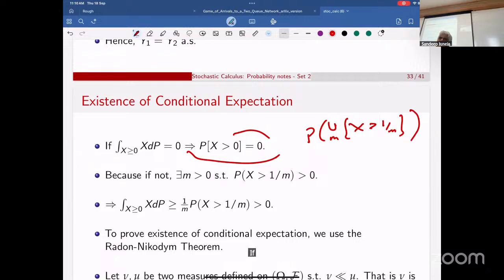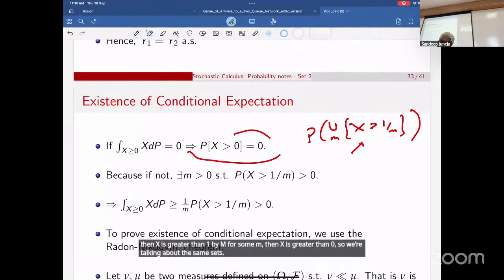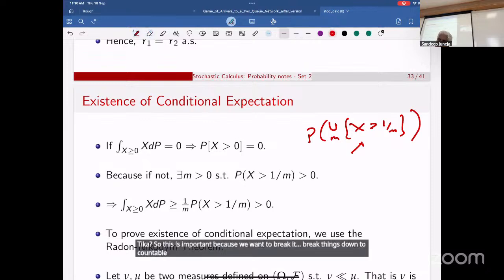If x is greater than 0, it's greater than 1 by m for some m, right? If x belongs to this set, then x is greater than 1 by m for some m, and then x is greater than 0. So we're talking about the same sets. This is important because we want to break things down to countable operations that we know how to play with.